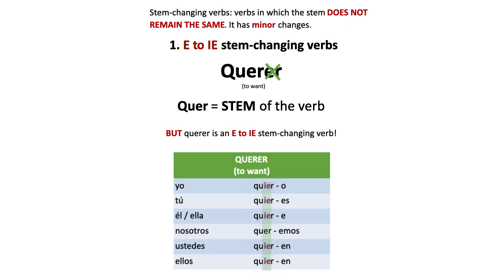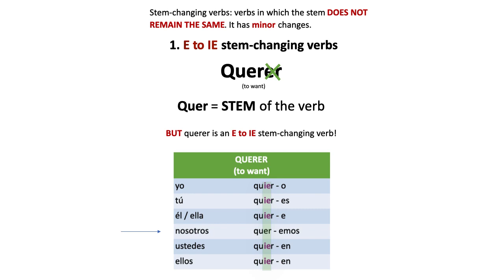Well, that is why I told you that everything is in the name of the group. This is an E to IE stem changing verb, which means that the E in the stem changes to IE. That's all, right? However, if you look at it carefully, you will see that this is not happening everywhere. It's happening everywhere except for one form of the verb, the nosotros form, okay?